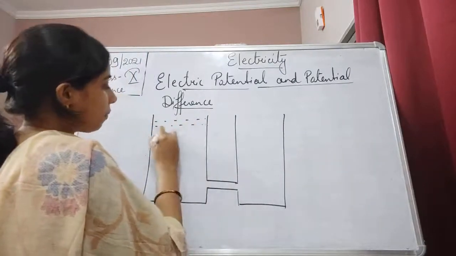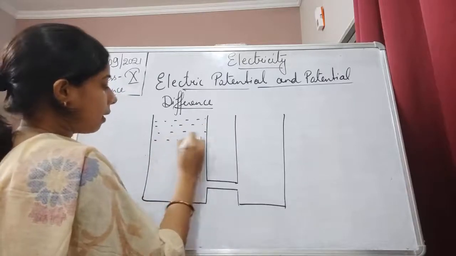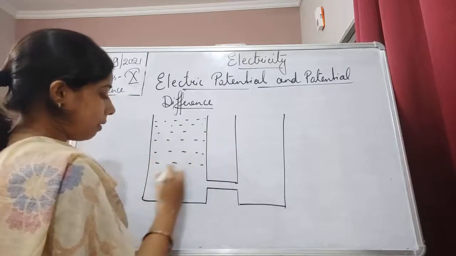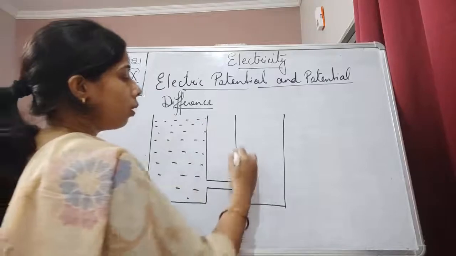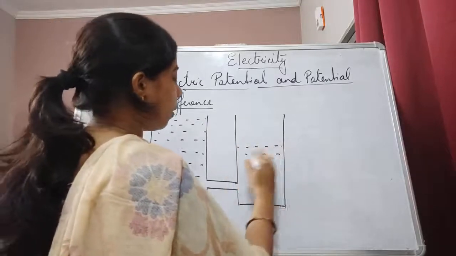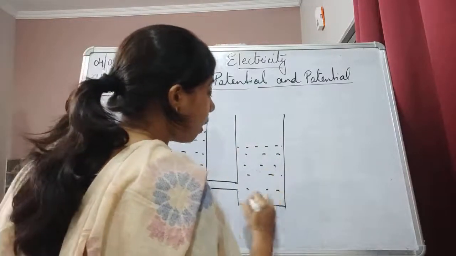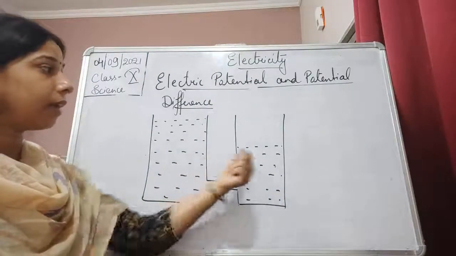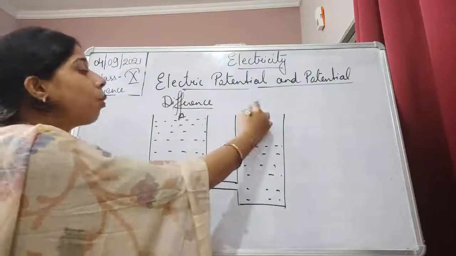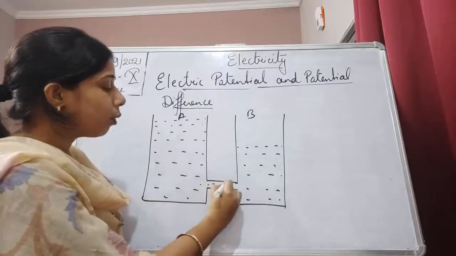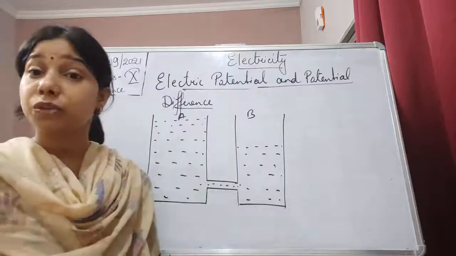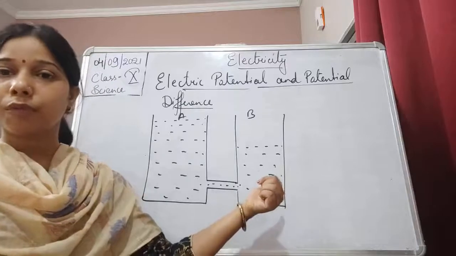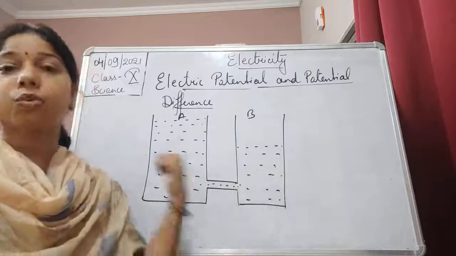So if this water tank has water at this level, and the other water tank has water at this level, what happened? Since the amount of water is more in tank A than in tank B, the water will start flowing from tank A to tank B instead of from tank B to tank A.